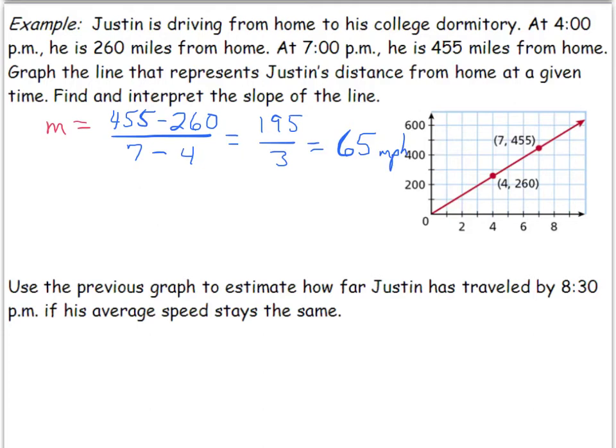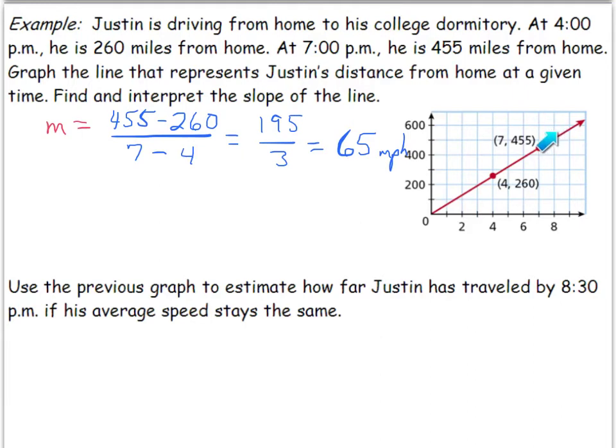We're going to use the previous graph to estimate how far Justin has traveled by 8:30 p.m. if his average speed stays the same. Using this graph, 8:30 is really like 8.5. I find 8.5 on the x-axis, follow that up, and determine the y value corresponding to that point.